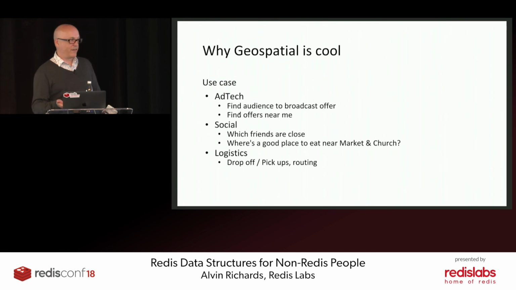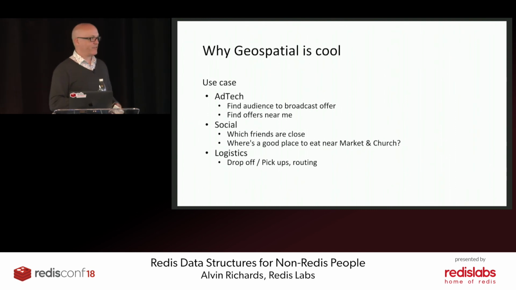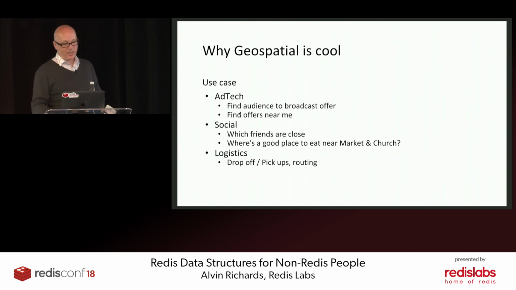So you can use that for everything from ad tech, social, logistics, what's near me, which friends are close by, or what adverts should be placed on this user given their proximity or their direction of travel. So that's geospatial.